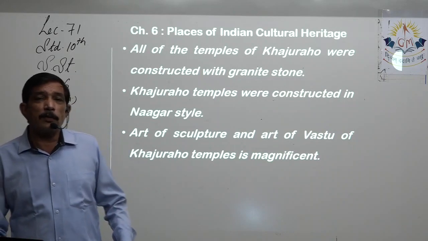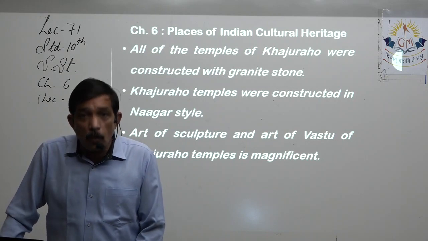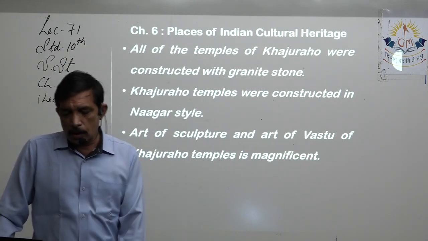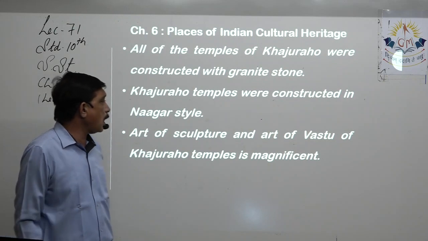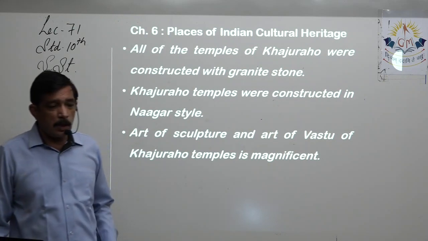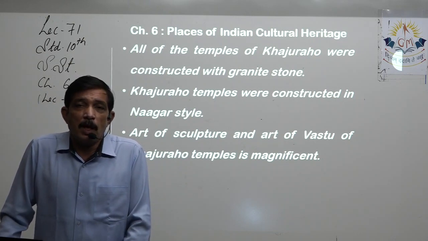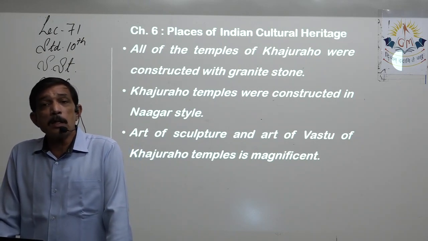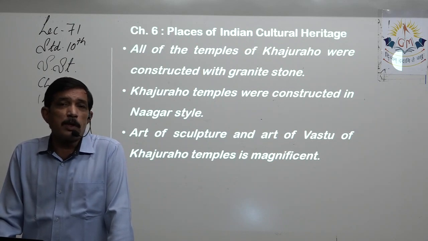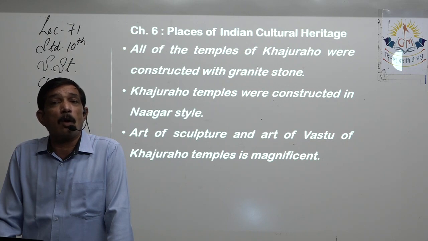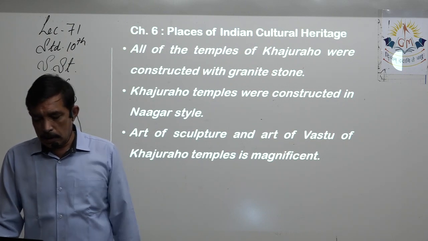So there are lots of different styles and different schools teaching and practicing this type of construction work. The art of sculpture and the art of Vastu of Khajuraho temple is just magnificent. You cannot miss the artistic glory of the Khajuraho temple. So beautifully they are sculptured that people from far and wide all over the world come to see it.